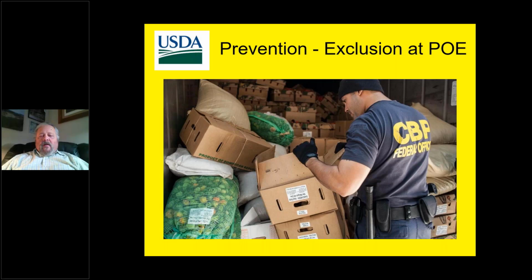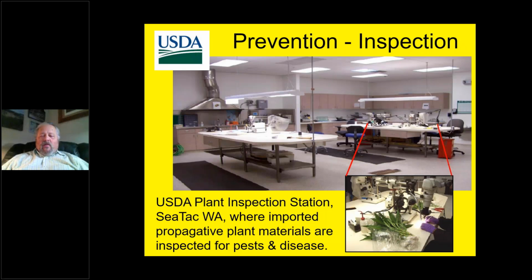Another method of prevention in terms of pathway has to do with inspection, but of a little different sort. I mentioned earlier live plants, and live plants, of course, in their various forms, whether it's seeds, cuttings, etc., can certainly bring pests with them, as we know.